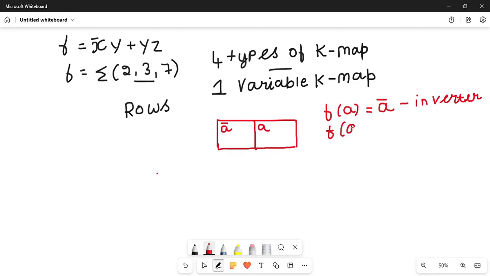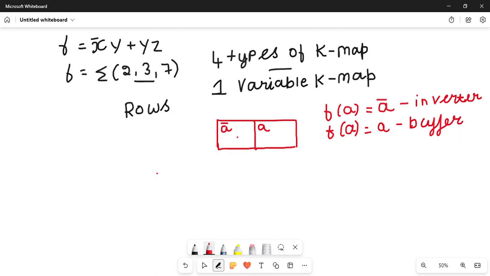So f of A is equal to A. If f of A is equal to A, it acts as a buffer, and f of A is equal to A bar describes an inverter. So this is a buffer and this is an inverter.